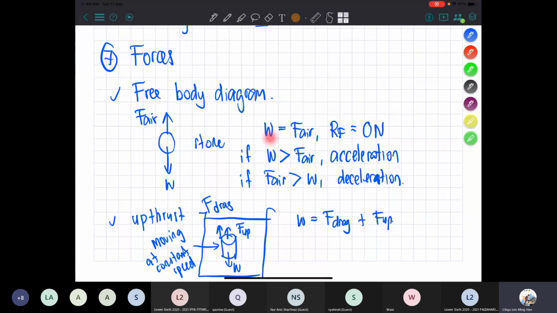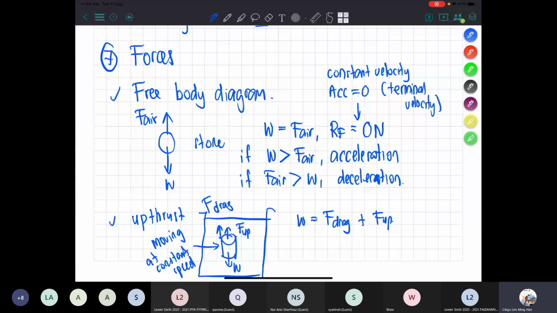So if the weight is equal to the air resistance, therefore the stone will have zero resultant force. So that means zero resultant force means acceleration is equal to zero. Therefore, they are having a constant velocity. In this case, it is falling. We will call it the terminal velocity.